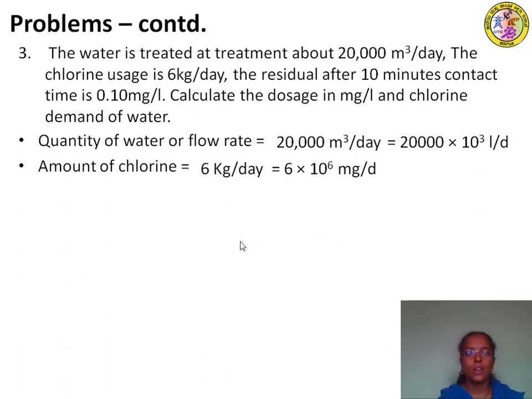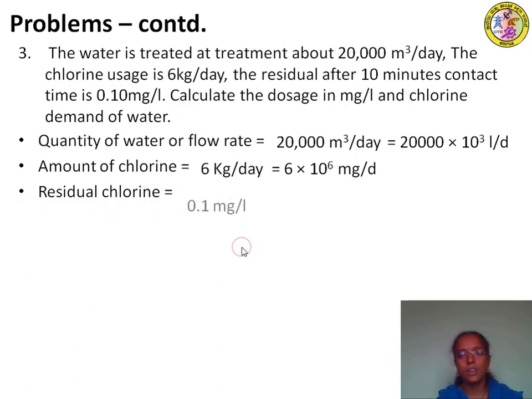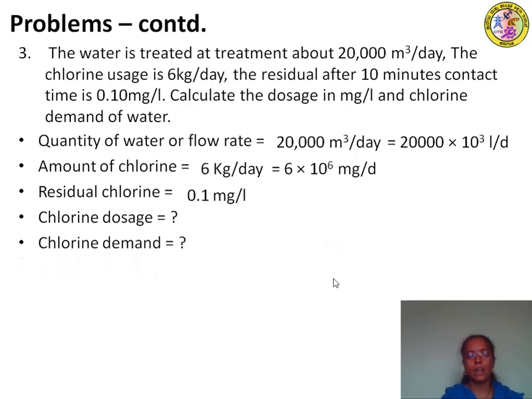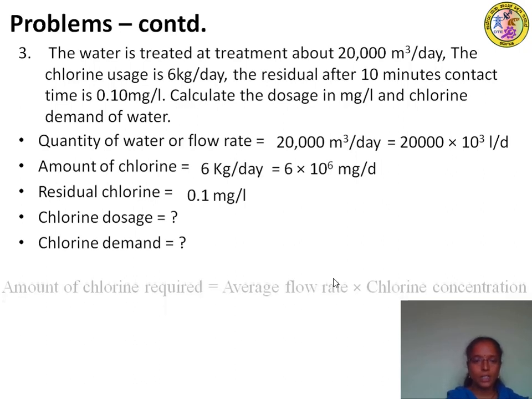And then the residual after 10 minutes contact time is 0.1 milligram per liter. So we have to calculate the chlorine dosage and the chlorine demand as well. This is the problem, so let us solve this.